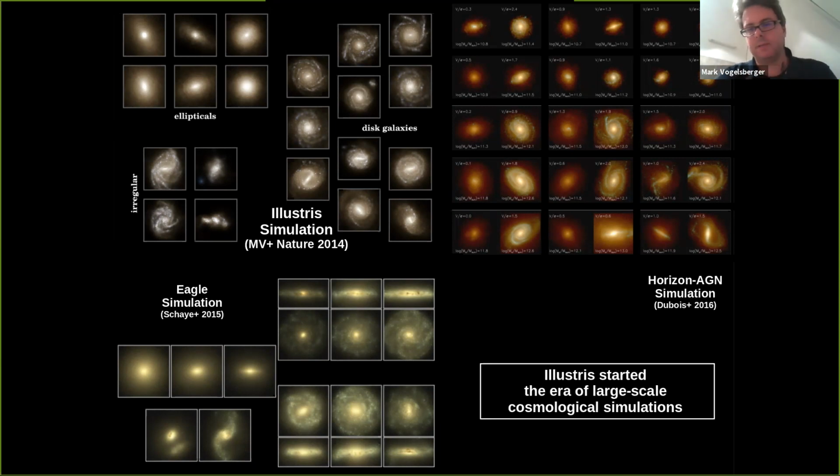It was the combination of new galaxy formation models, partially new numerical schemes, but also the increased computing power leading to larger volumes at high resolution that essentially enabled all these projects like the Eagle simulation, Illustris, and Horizon-AGN.